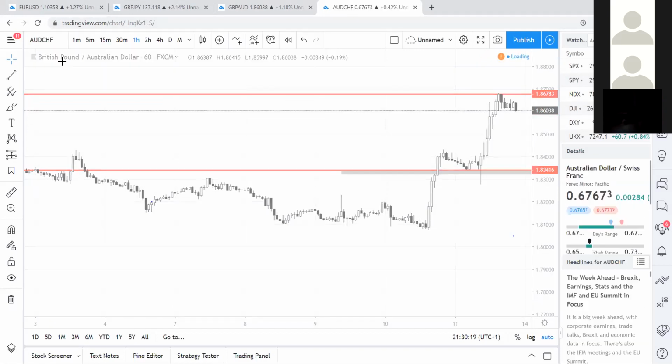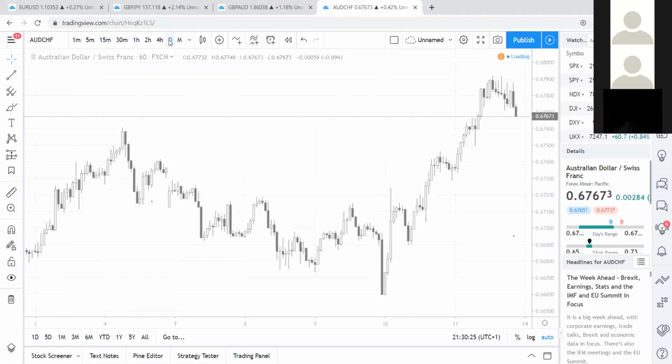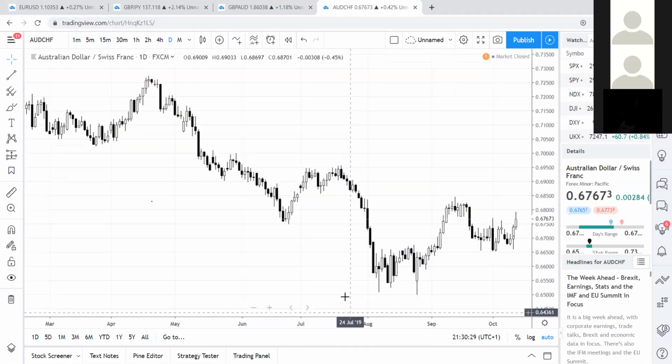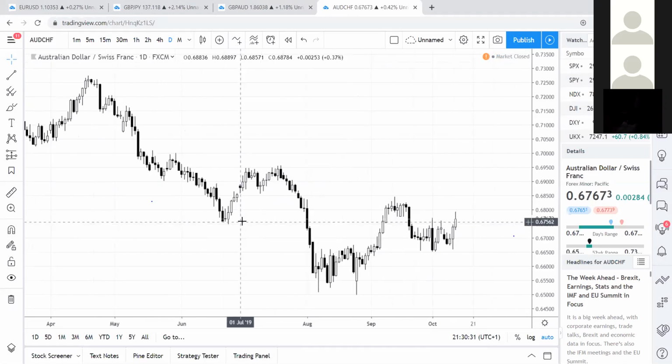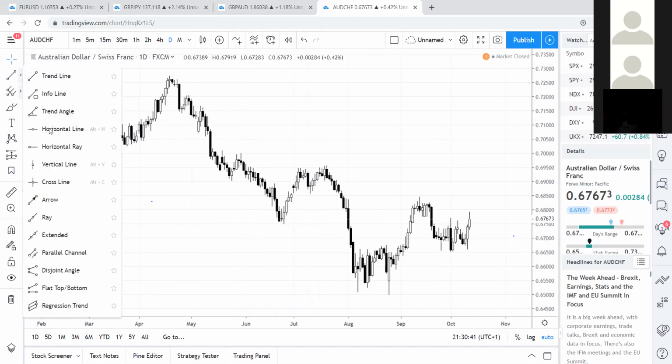AUDCHF. All right, so let's go to daily and check what is happening on daily. Let me clear. First, let's identify our support and resistance on daily. I'm going to put a line.